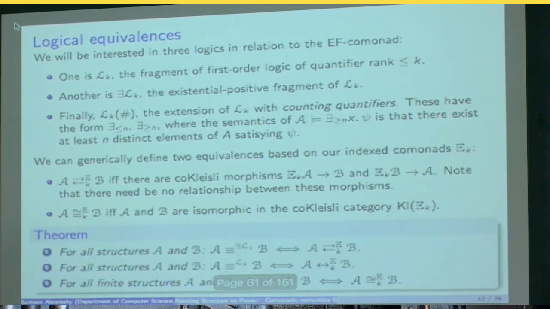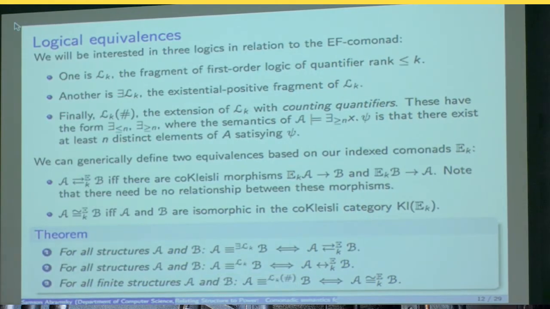These are completely general. And then this is the first matchup between logical languages and the equivalences they induce, model theoretic deception, as it were, in its different flavors here, and equivalences arising from these comonads. So we get that the existential positive one is just induced by the two-way homomorphisms. So the asymmetric nature of it means that you're only preserving the existential quantifiers and not negation, which would anyway let you express universal ones.